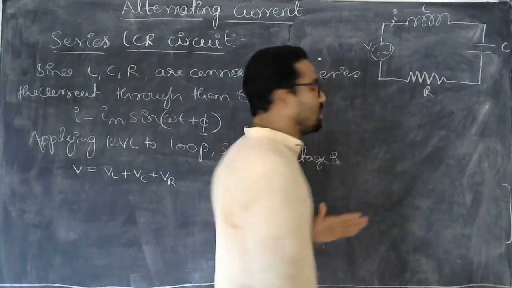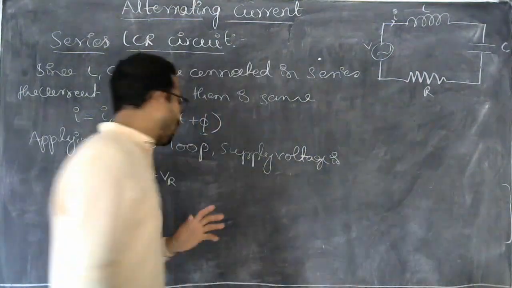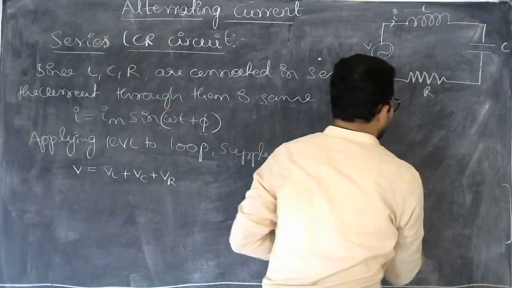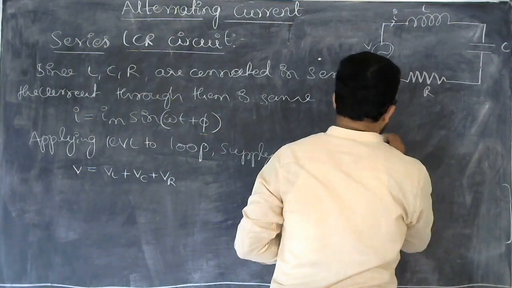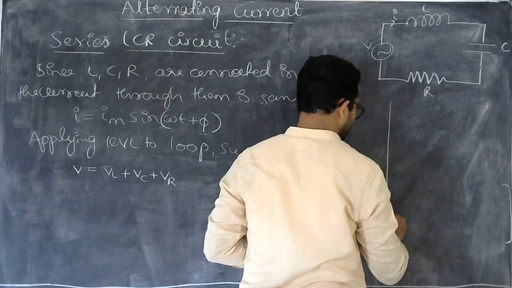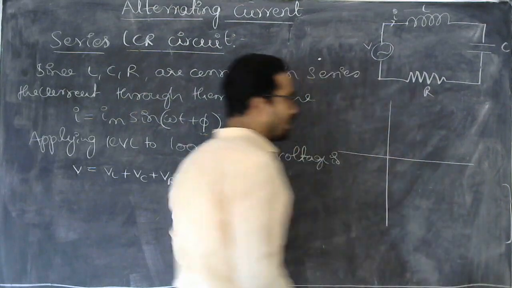So now let us draw the phasor diagram. Now we are trying to solve this with the help of the phasor diagram. Let me draw here. These are the x and y axes.